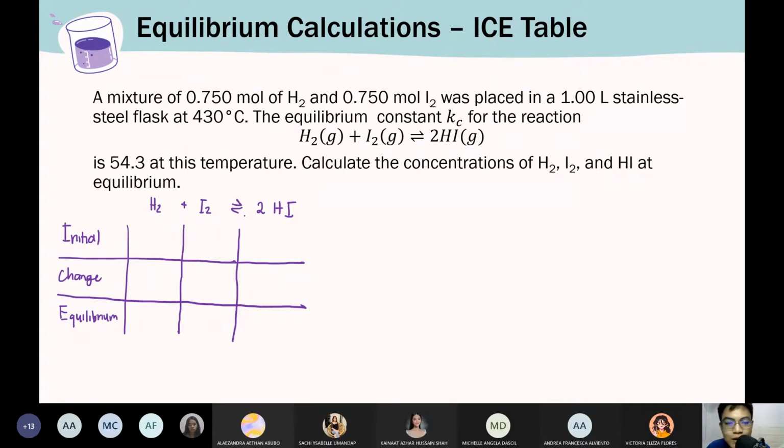And at the same time, kapag may coefficient, it must be reflected sa change. So, sige, gawa muna kayo. I'll give you a few minutes na, mga 2 minutes. Then, tignan ko kung tama yung mga nasagutan niyo. Okay? So, wait lang muna.